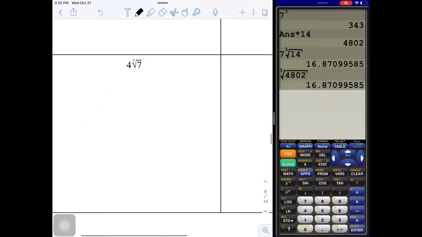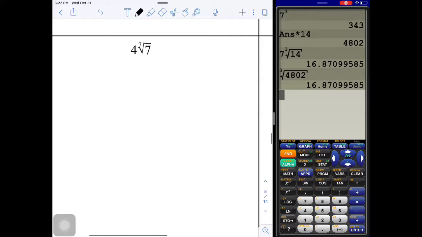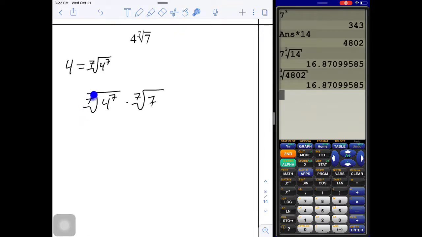Okay, so hopefully you're seeing the pattern here, and this one's not as bad as doing it the other way. So let's make this mixed radical into an entire radical. I need to bring this outside number inside the radical, so it has to be to the power of 7. Because remember, 4 equals the 7th root of 4 to the power of 7. So I can do the 7th root of 4 to the power of 7 multiplied by the 7th root of 7. And now, since they have the same index, I can bring them inside one radical, an entire radical.